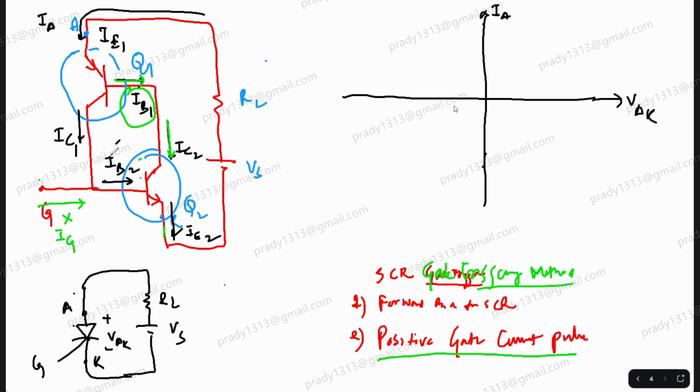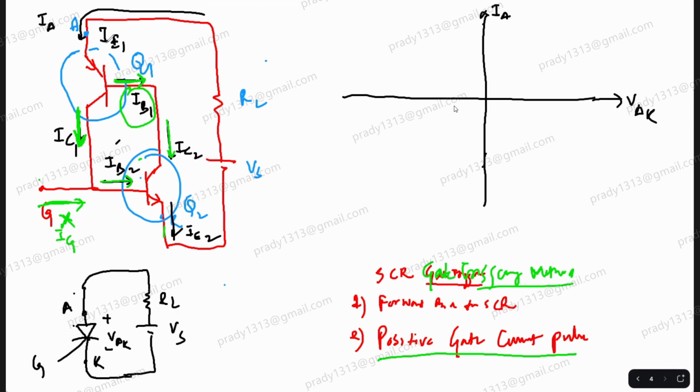Just think. For Q2 to conduct, we need a base current. That base current can come from two directions, either this direction or this direction, right? I am not giving this. Can it come from here? No. Why? For this to flow, this should flow first, right?